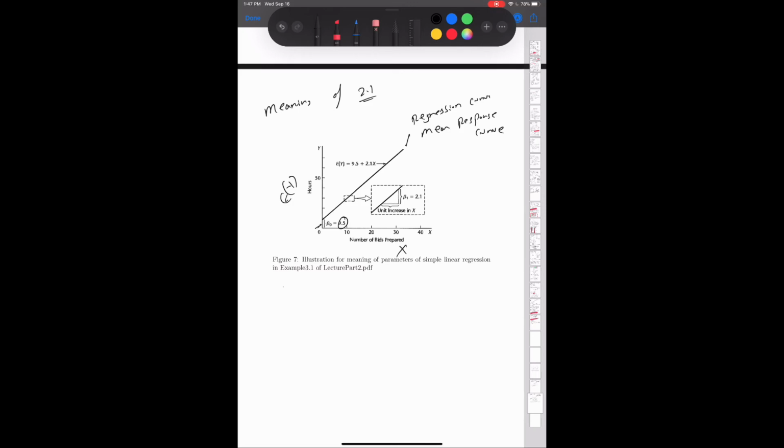So what does 2.1 mean? It means that if you increase x by 1 unit, the expectation of y will increase by 2.1 units. So 9.5 is the y-intercept of the regression line or the regression curve. 2.1 is the slope of the regression curve.